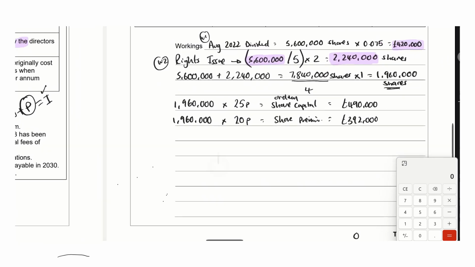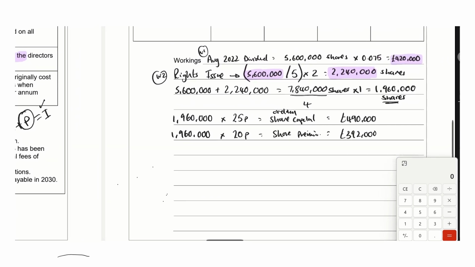So let's recap how many shares we have. As a working three, this is now your interim dividend. So first point, we started off with 5.6 million shares. Then in the bonus issue, if you remember, we issued 2,240,000 worth of shares.